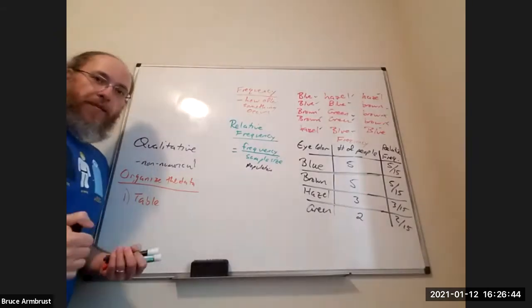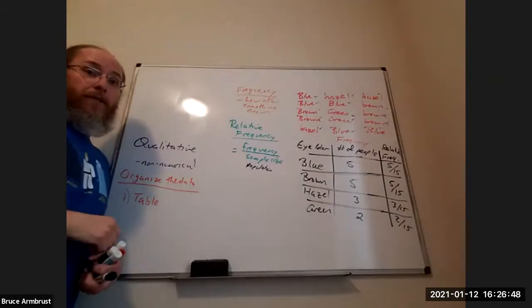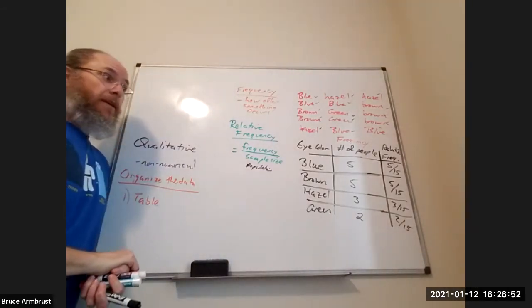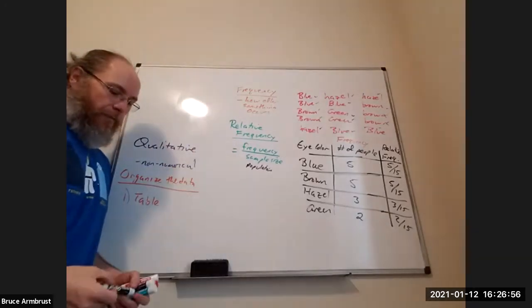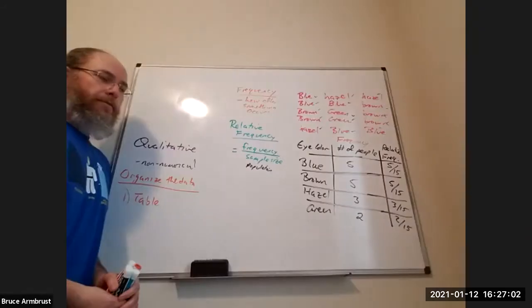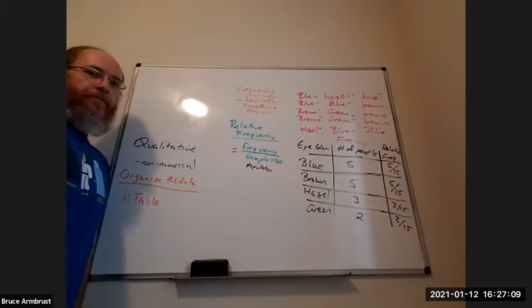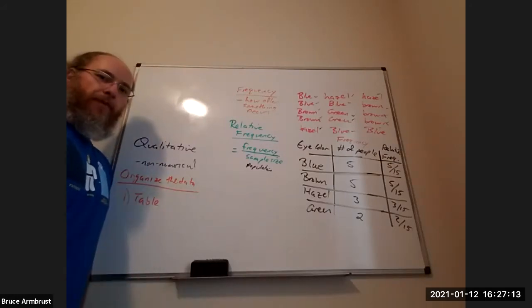So we took the frequency, how many times it happened, and we divided by the total number of responses. So we had 15 different responses, and we take each of those and divide by 15. And that's the relative frequency of each individual thing, right? Correct. Yep. So the relative frequency of hazel is 3 out of 15. The relative frequency of blue is 5 out of 15, and so on.